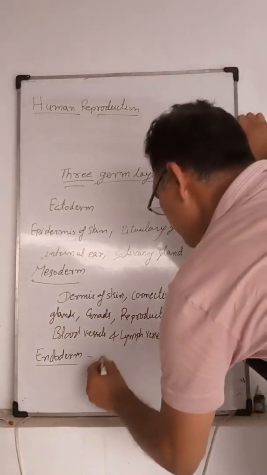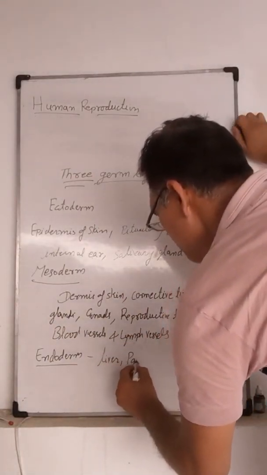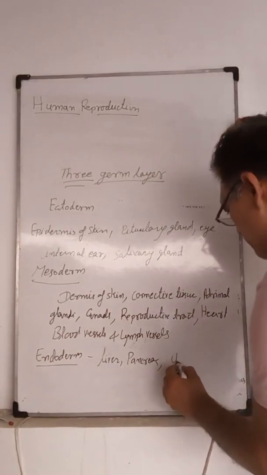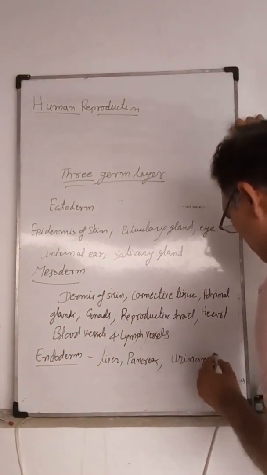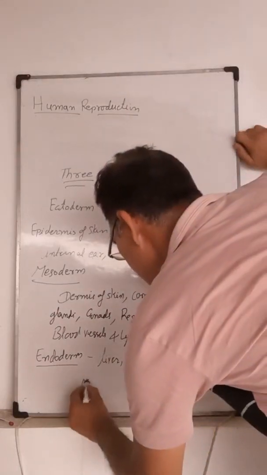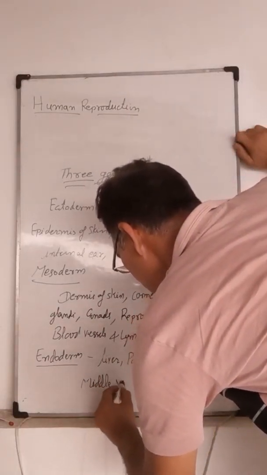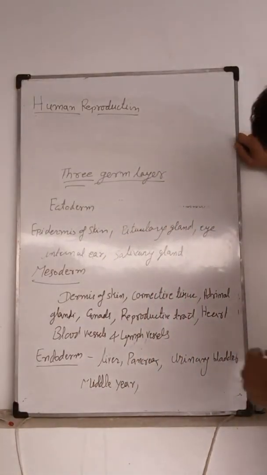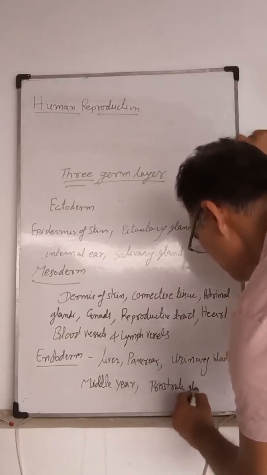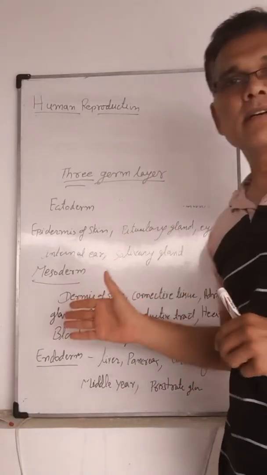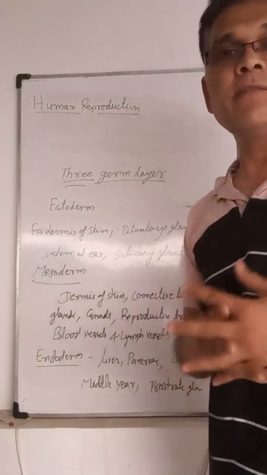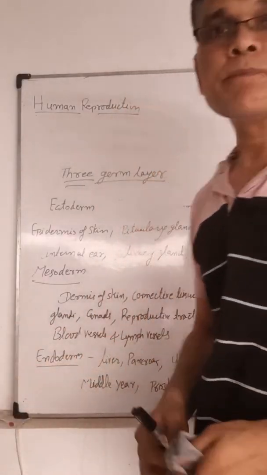It forms the liver, pancreas, urinary bladder, middle ear, prostate gland, etc. So these are the three layers present in the embryo, and they form the different types of organs and organ systems in human beings.